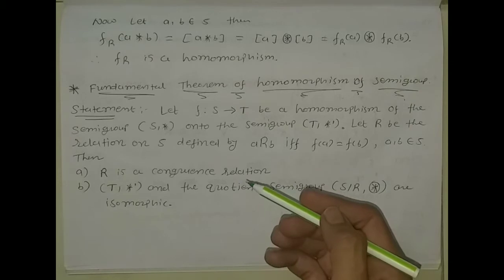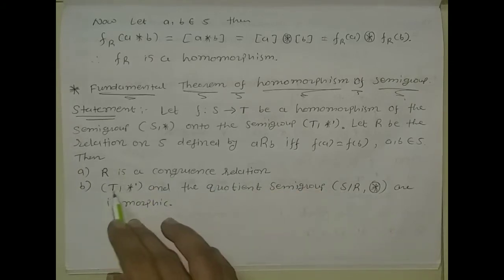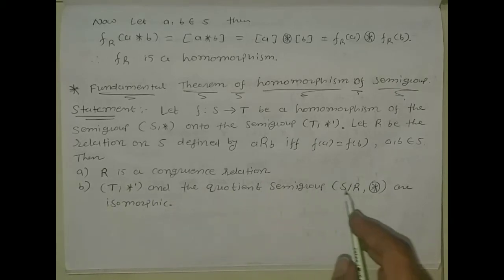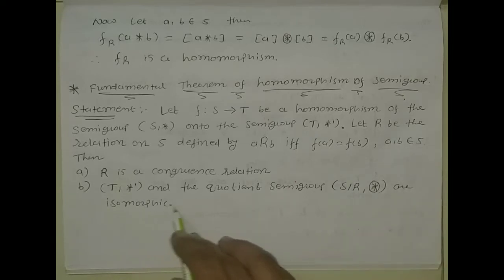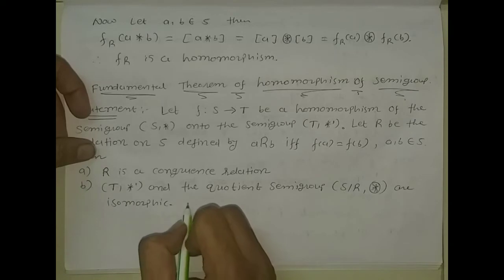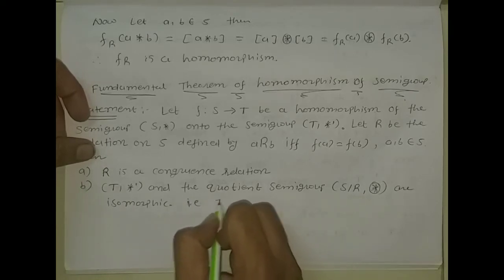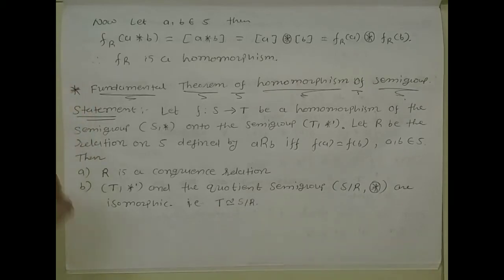Second, the semigroup T star dash and the quotient semigroup S quotient R with binary operation star are isomorphic. That is, T is isomorphic to S quotient R.